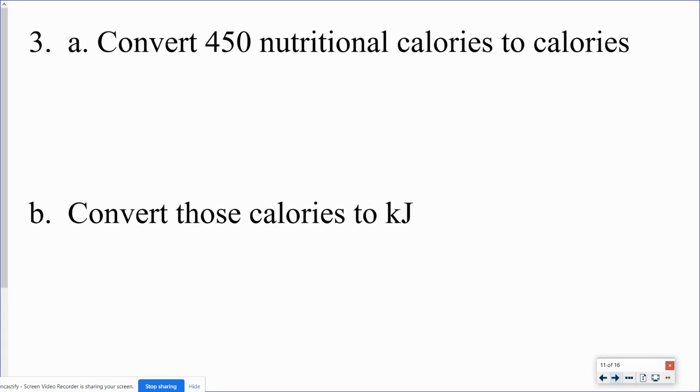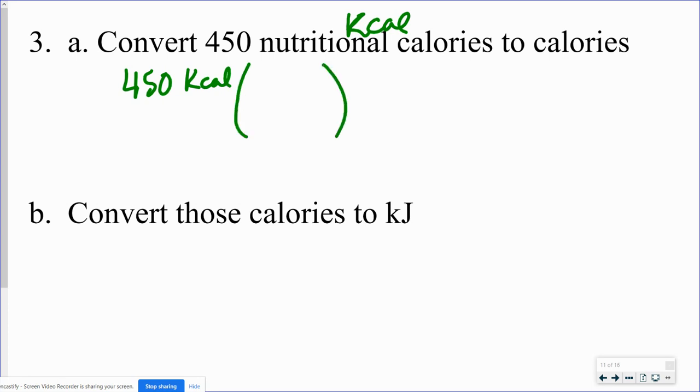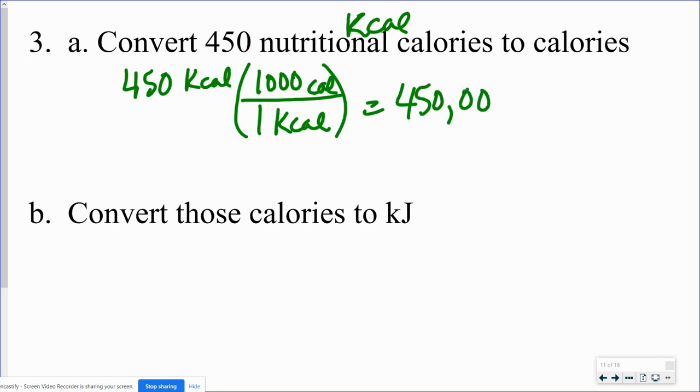We could also convert in between nutritional calories and regular calories, because again, nutritional calories are kilocalories. So if we had 450 nutritional calories, to convert that to calories, 1 kilocalorie is 1,000 little calories. So it would be 450,000 little calories.